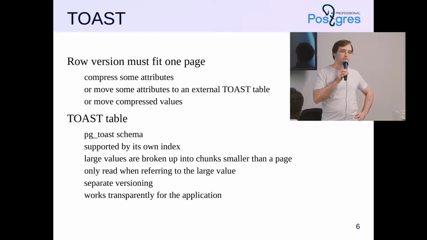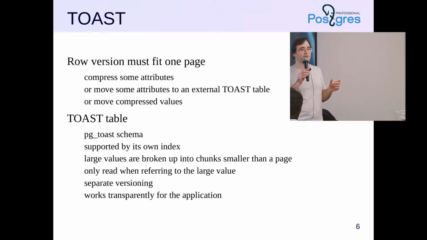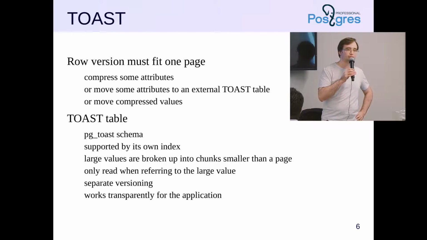It has several options. First of all, it can compress your data so that it fits in one page. If it can't compress this data, it splits your data into smaller chunks. As far as I remember, 2 kilobyte chunks, and these chunks go to a special internal toast table.